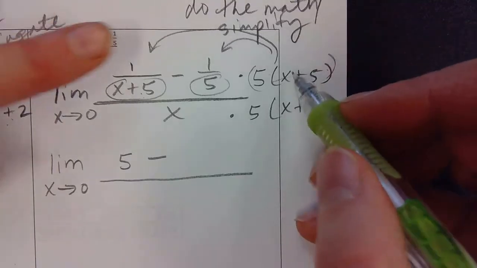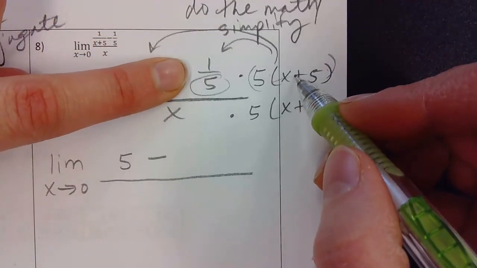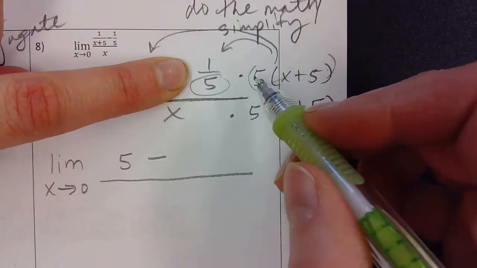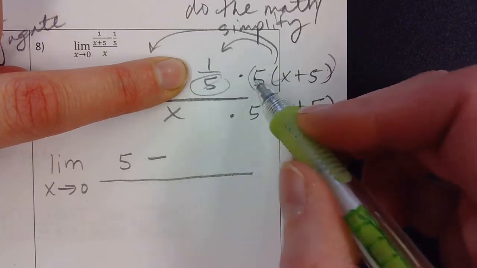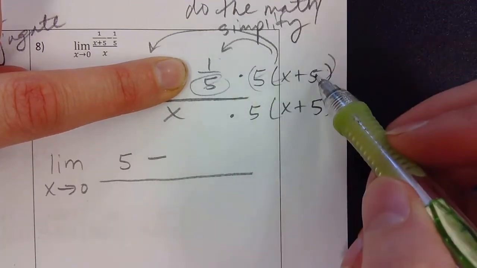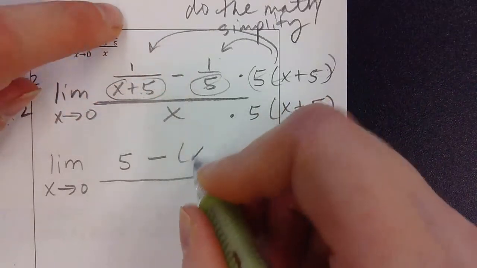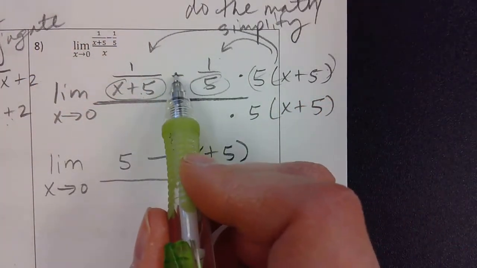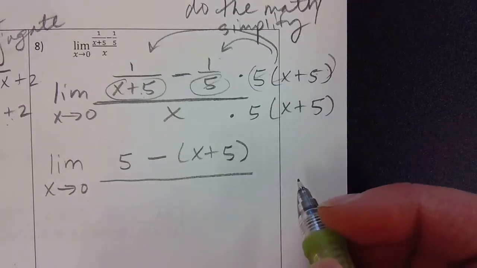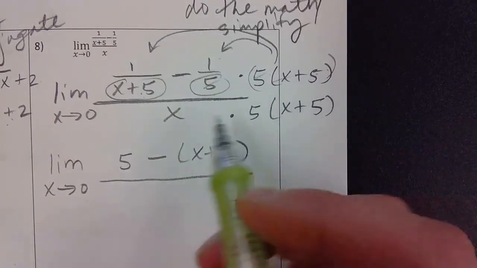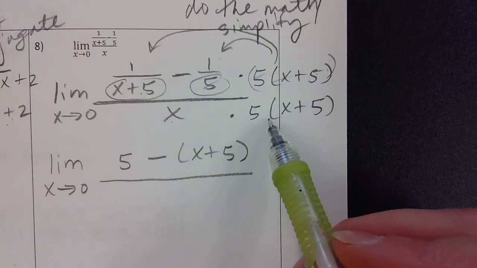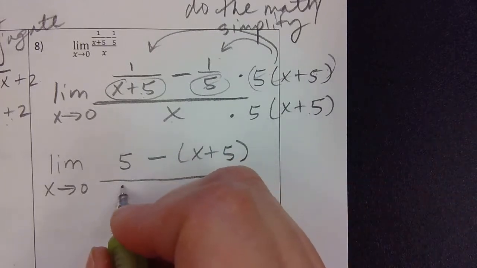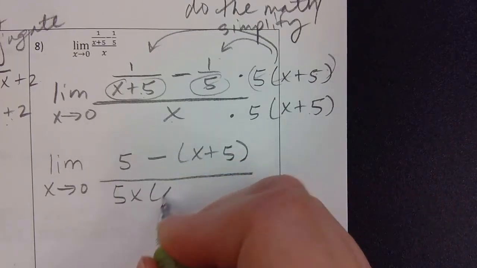And then when I multiply this times my 1/5, I'll have a factor of 5 in the top and bottom, which I can get rid of. So I'll just have the 1 times the x plus 5, which is going to be an x plus 5. And notice I've left it in parentheses because I do have this minus sign here, and I'm going to have to make sure to distribute that. My denominator is just going to be x times 5 times x plus 5, but I do want to clean that up. I'm going to write it as 5x times x plus 5.